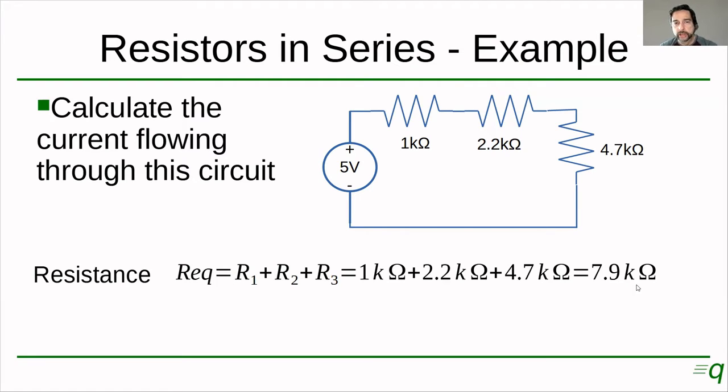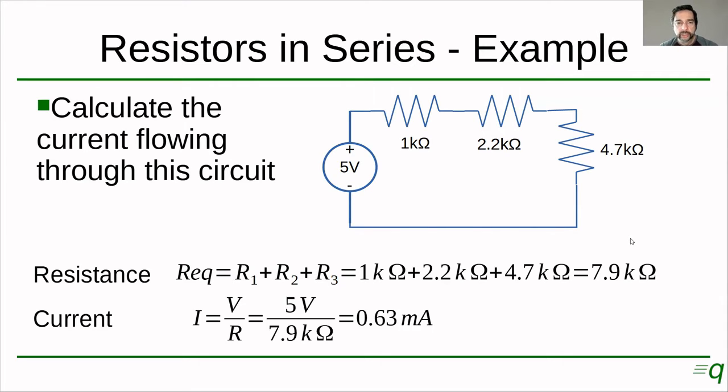Now, if we remember Ohm's law, after we calculate the equivalent resistance, we can calculate the current. The current is voltage over resistance, or 5 volts divided by 7.9 kilo ohms, and the current through this circuit is going to be 0.63 milliamps if you do the math.